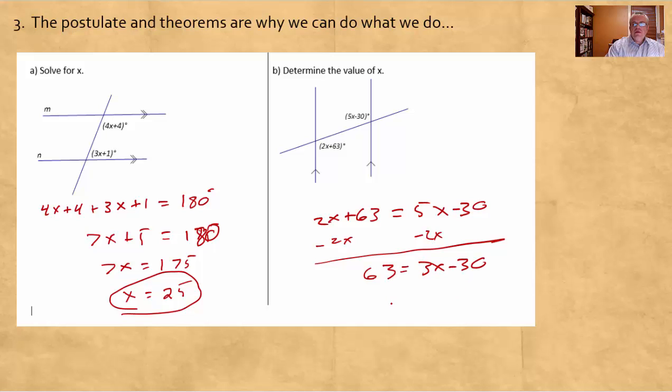If we add 30 to both sides, we get 93 is 3x, or x equals 31. That's the value of x. That would make those two angles congruent. So these postulates and theorems are important because they justify how we can solve these problems.